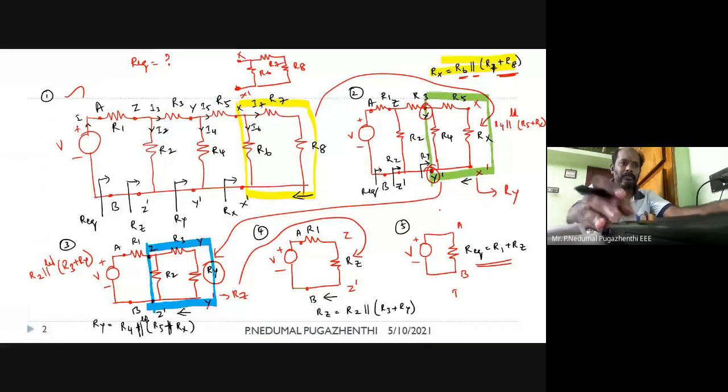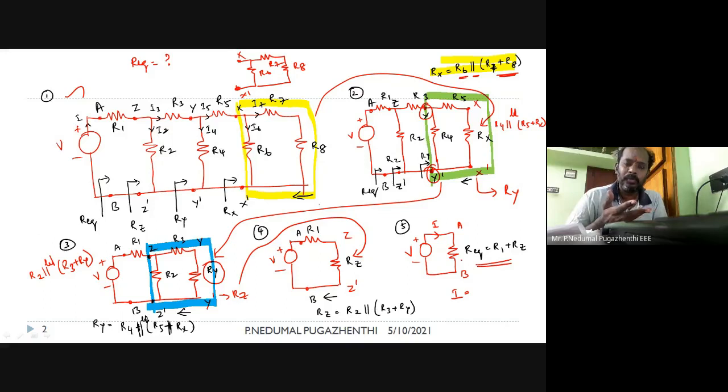Total current from figure 5. Why so much time you are taking? What is the total current I? I is equal to, is everybody there in the class or not? Is my voice audible or not? I am posing you a question. Everybody is keeping mum. Please tell me what is the total current I?